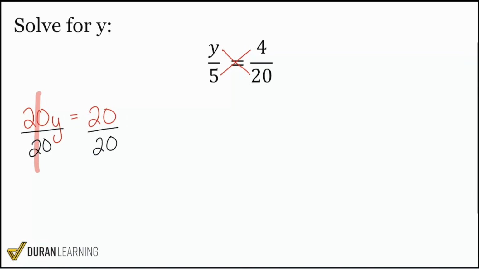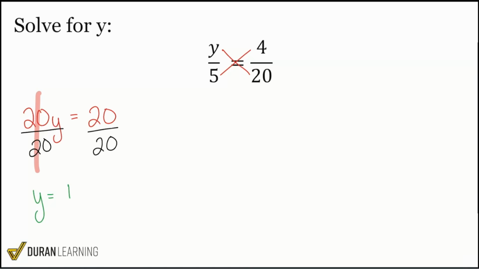Nice and easy. And on the right side, 20 divided by 20, or any number divided by itself, always equals 1. And so the correct answer here would be y equals 1. And there we go. That's the primary way to do it, and it always works. It's just a matter of how long it'll take.